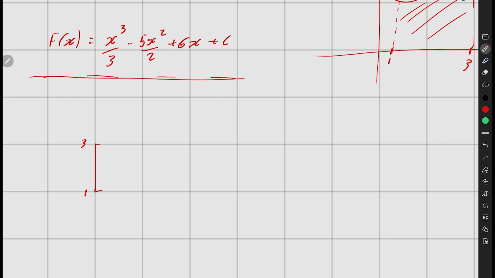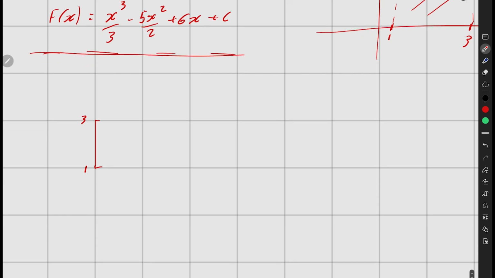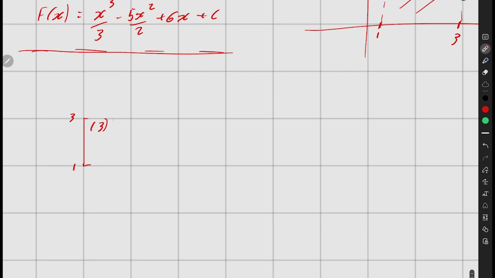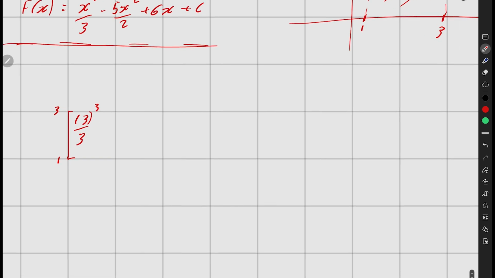We're going to be taking that away. So what that looks like is we're going to have 3 cubed divided by 3, because we're substituting 3 where the x goes, and we're going to do the same with the 1. Taking away 5, again, times 3 squared over 2 plus 6 times 3.